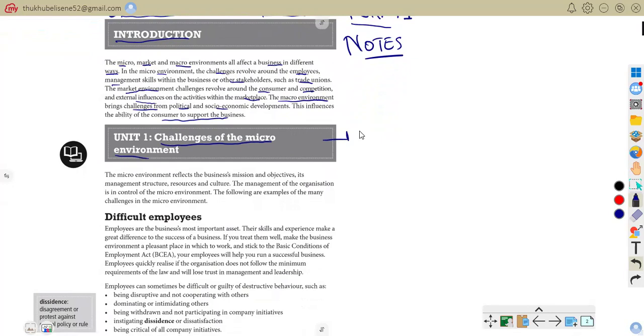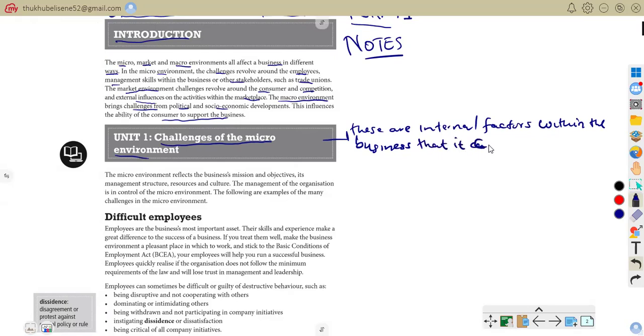So these are internal factors within the business that it can control.